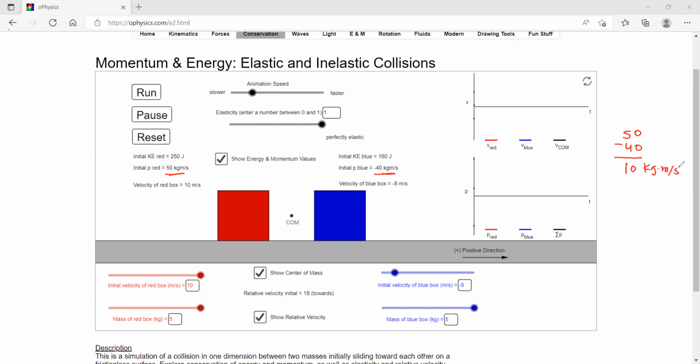Also here the kinetic energy for the red is 250, the kinetic energy for the blue is 160. So 250 plus 160 is equal to 410 joules. We'll see that for an elastic collision, the momentum and the kinetic energy will be the same after the collision. So let's run it and see that.